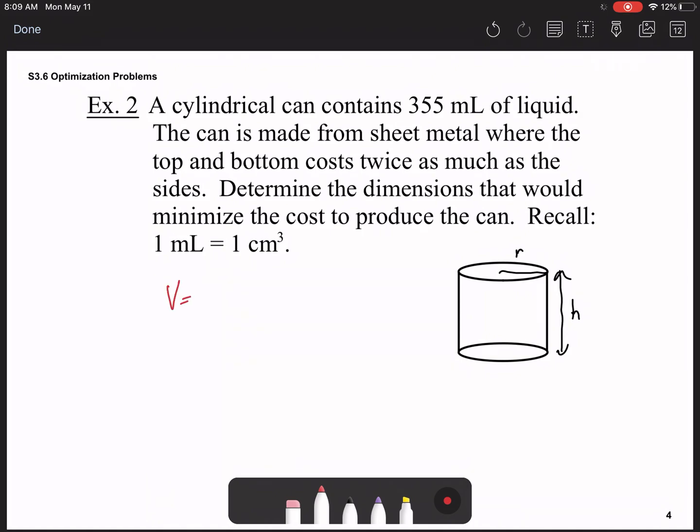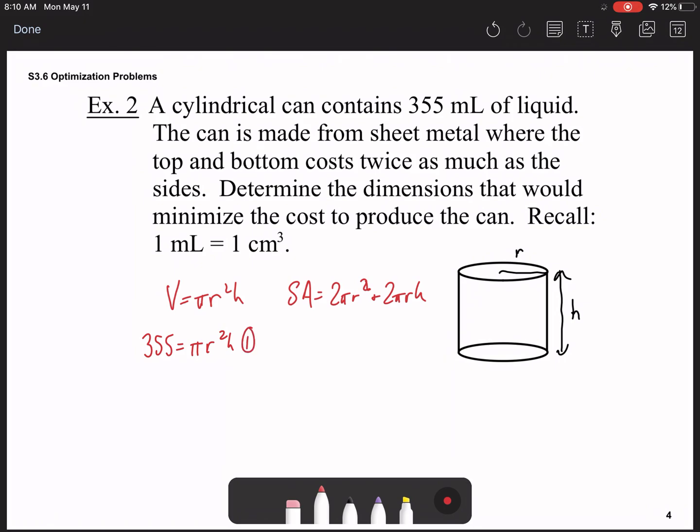There's volume of a can, that's pi r squared h, and surface area, which is 2 pi r squared plus 2 pi r h. The 2 pi r h is the sides, and the 2 pi r squared is the top and the bottom. So, according to my information, I know my volume is 355 milliliters, which is 355 centimeters cubed.